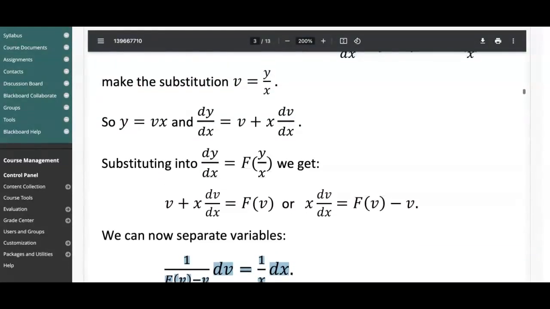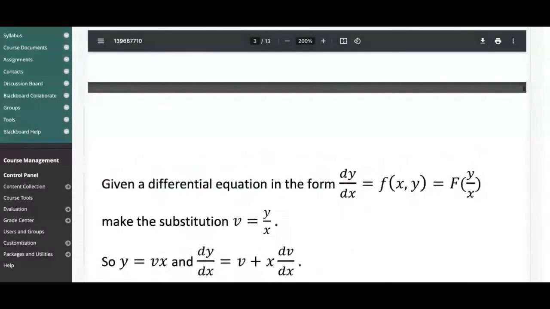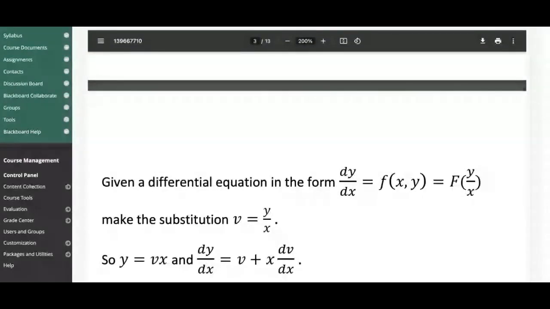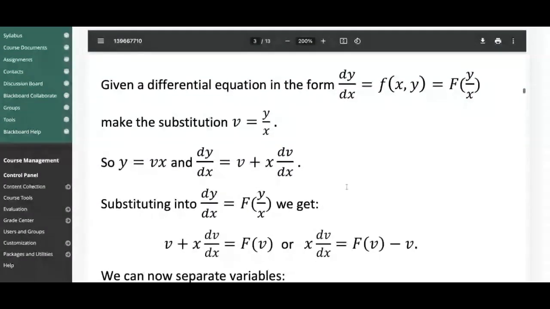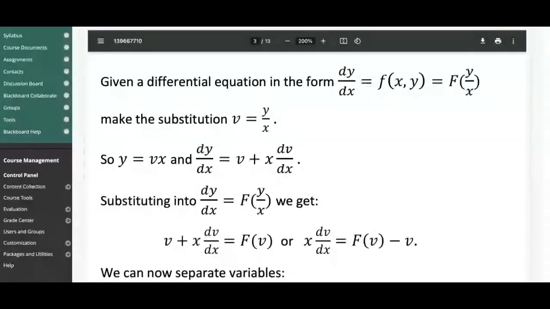Let's just go back. Anyone has any question? David. Yeah, since you need to get it in the form of one variable, like f of y over x, for homogeneous, could you have f of x over y instead?